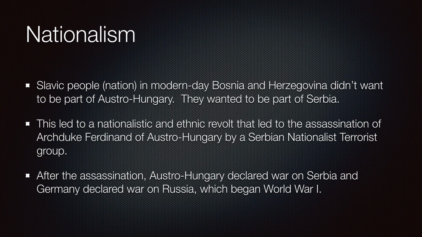This led to a nationalistic and ethnic revolt that eventually led to the assassination of Archduke Ferdinand of Austria-Hungary by a Serbian nationalist terrorist group. So after the assassination, Austria-Hungary declared war on Serbia, and Germany declared war on Russia, and this is what began World War I.